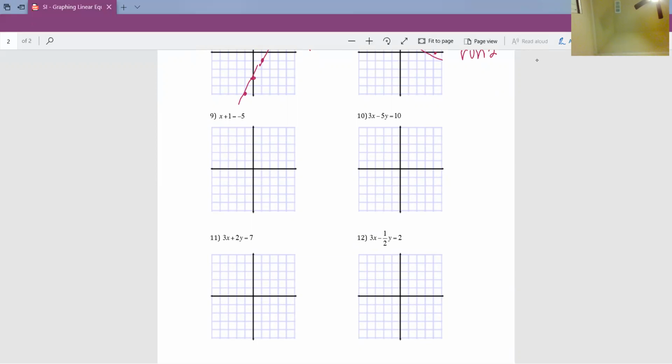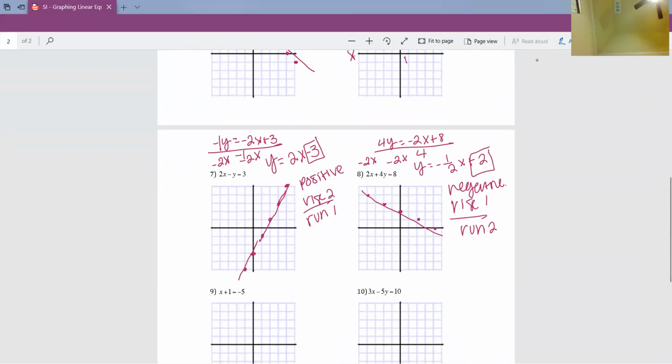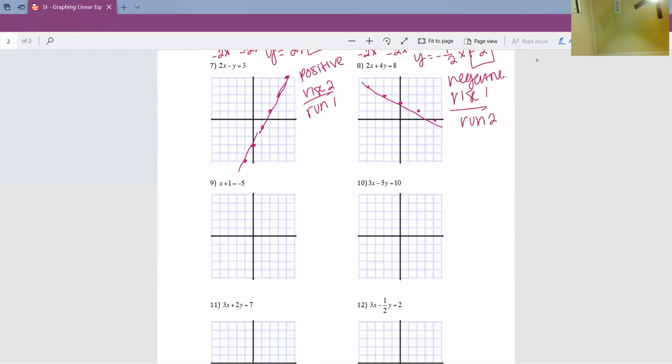Okay, so this one does not have a y. So you remember how I said with this one, if it just gives you y or if it just gives you an x, it's going to be either a vertical line or a horizontal line. Well, this one's just x, so it's just going to be a vertical line. So we need to get x by itself. So -1, so that's x equals -6.